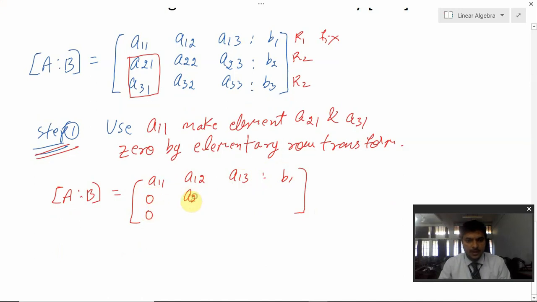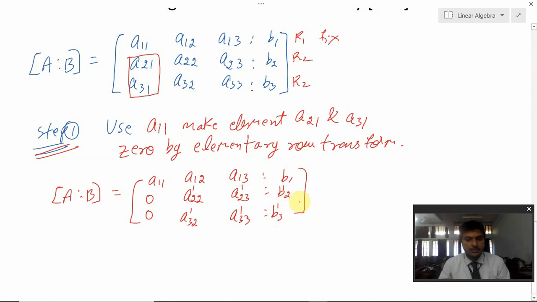This will become A22 dash, A23 dash and then B2 dash. Here we get A32 dash, A33 dash and B3 dash. So we get this value.